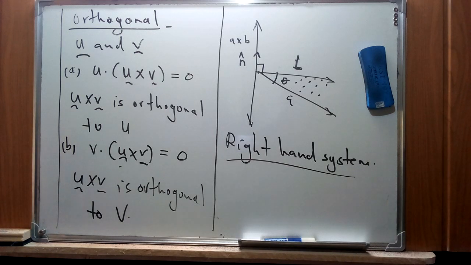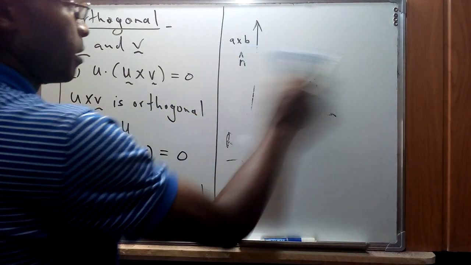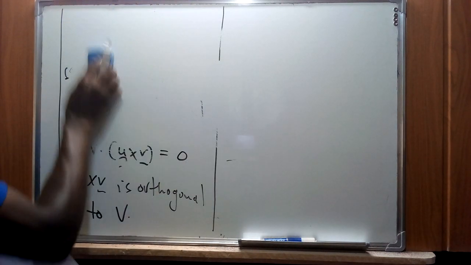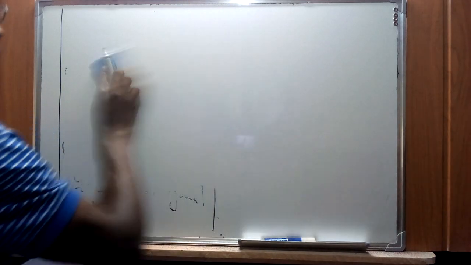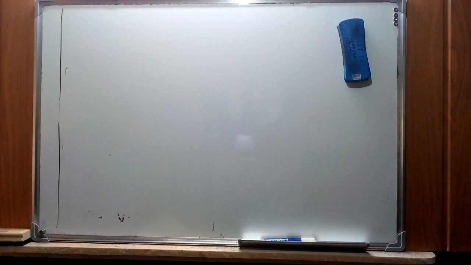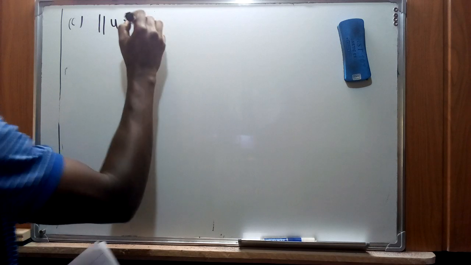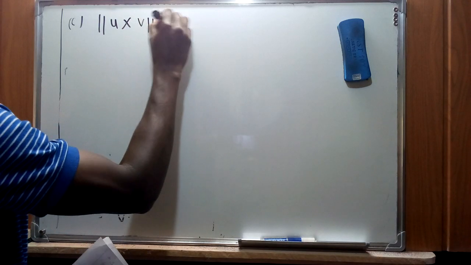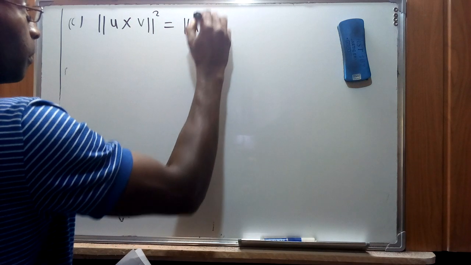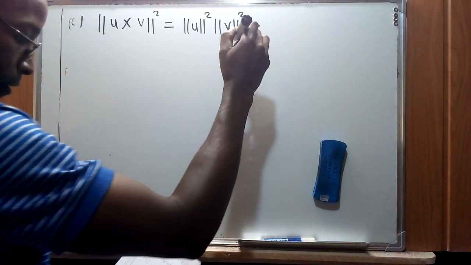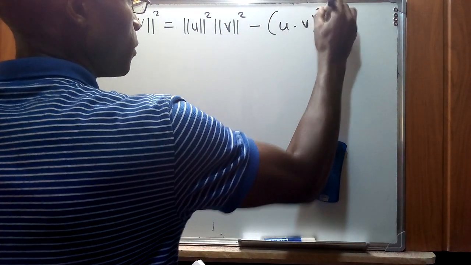Apart from A and B, there's a third concept that we had mentioned, which is the point of discussion for today, Lagrange's identity. That was point number C, which we had written as: the magnitude of u cross v, squared, is equal to the magnitude of u squared times the magnitude of v squared, minus u dot v, squared.